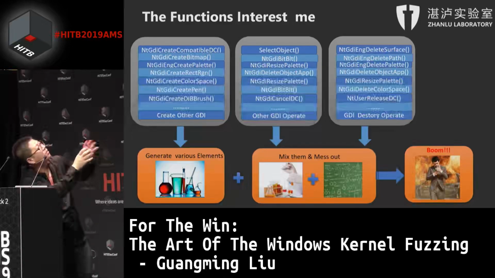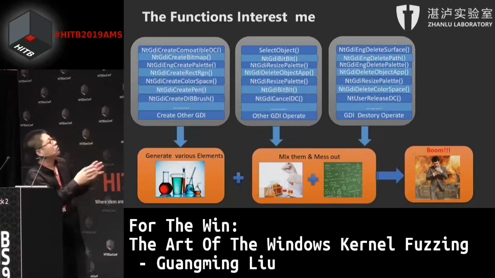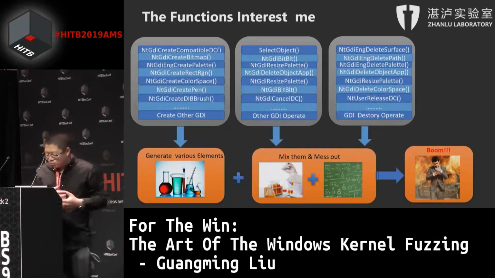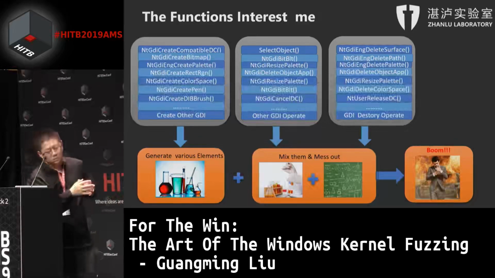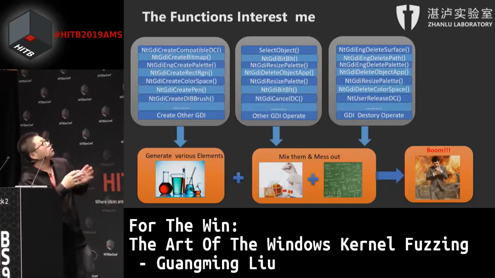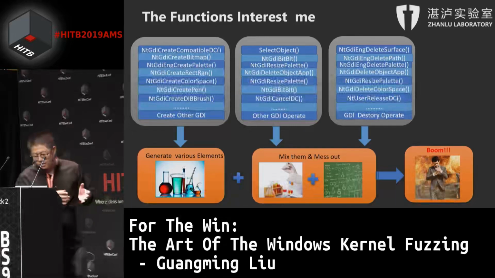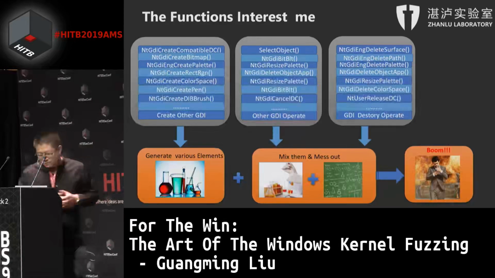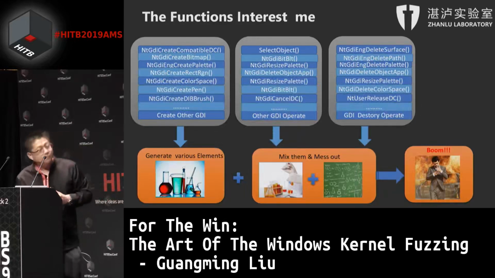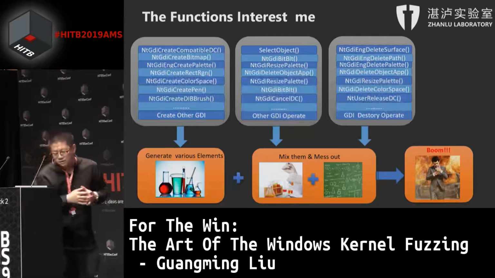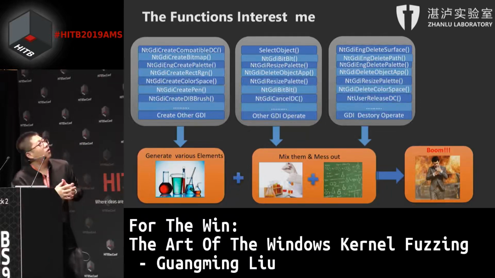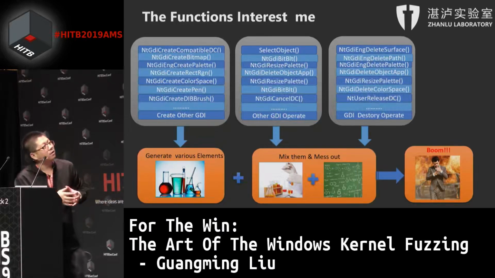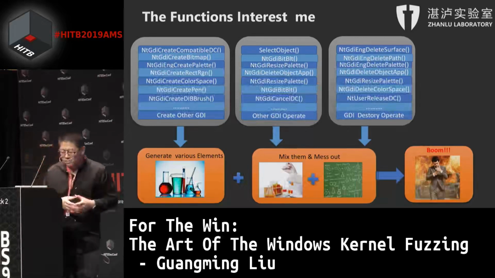The middle functions are for the fuzz operations. When you want to fuzz an object, you should collect all the functions associated with the target objects. The third column on the right is the functions for destroying or deleting objects.